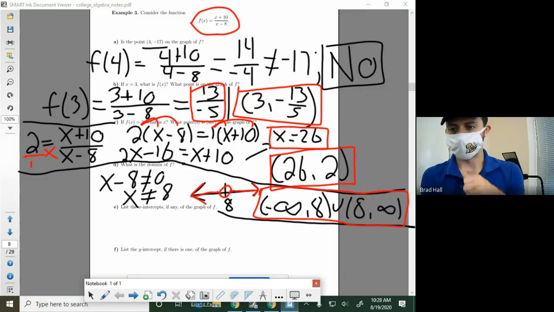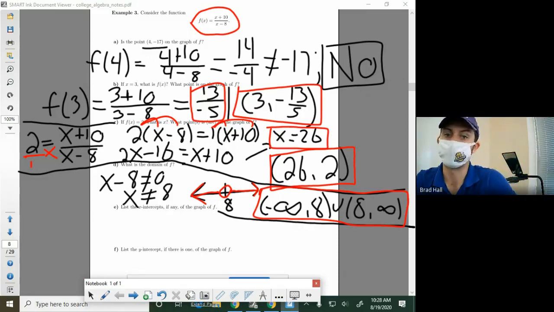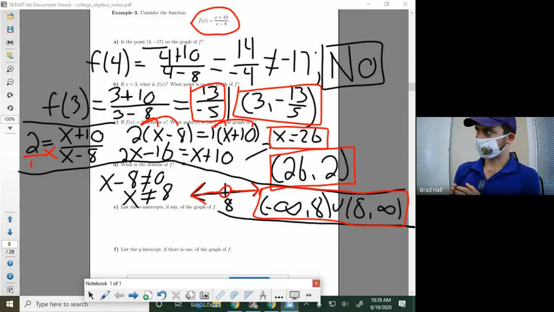Part E wants us to find the x-intercepts, if any. We've been alluding towards this before, but mainly to find x-intercepts, we looked at a graph. Well, I think you've all noticed we don't have a graph. We have to look at everything algebraically.